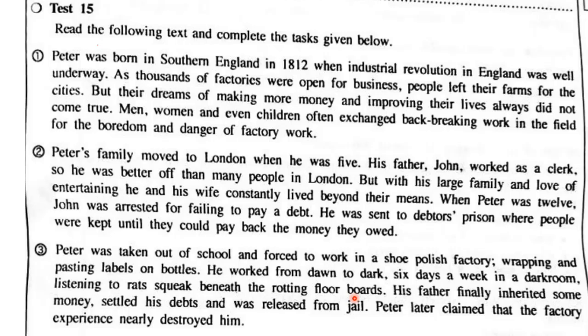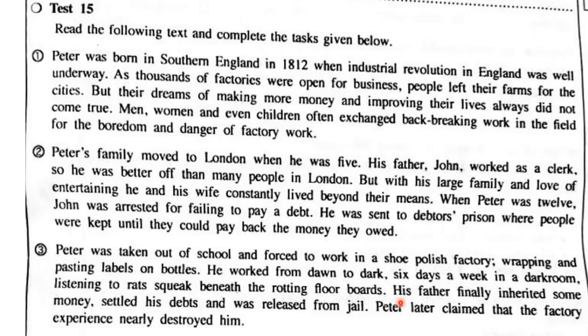So how did he work in this case? He worked from morning till evening until it was very dark. All 6 days he had to work, and the place was very dark, and underneath the floor he could hear the rats squeaking. So look at the condition that he was living in at that time.